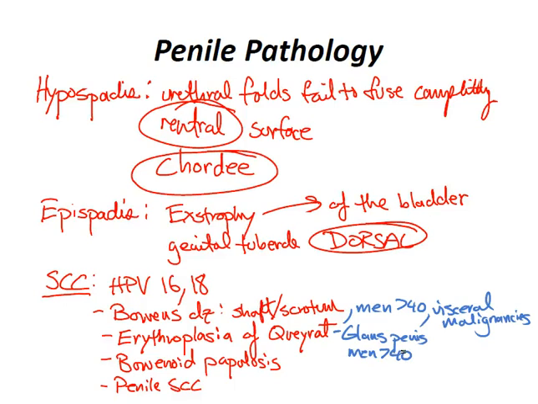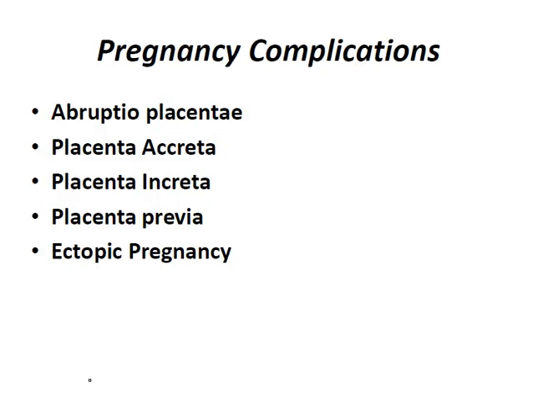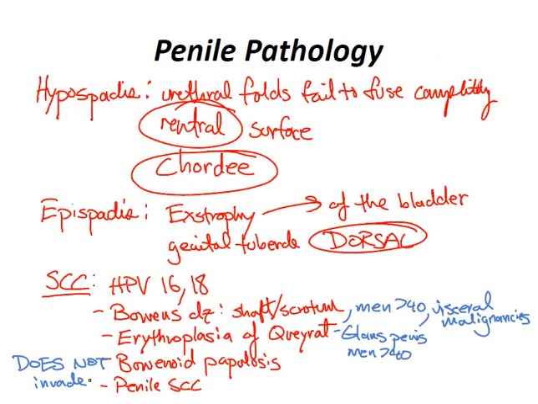Now, what about bowenoid papulosis? This is carcinoma in situ that does not invade. Okay, so these two invade, and bowenoid papulosis does not invade, even though it is a carcinoma in situ.